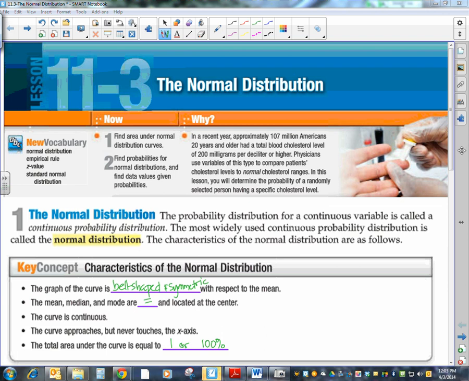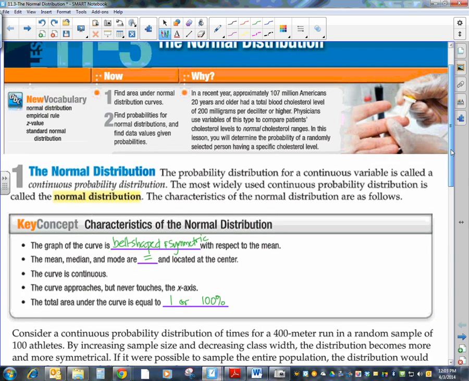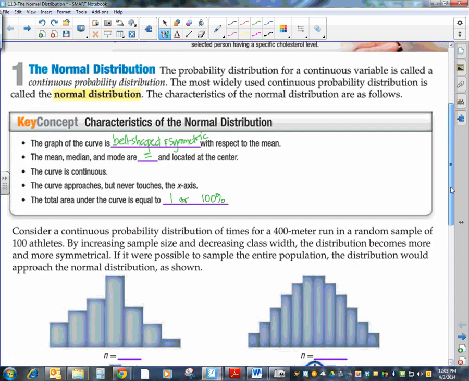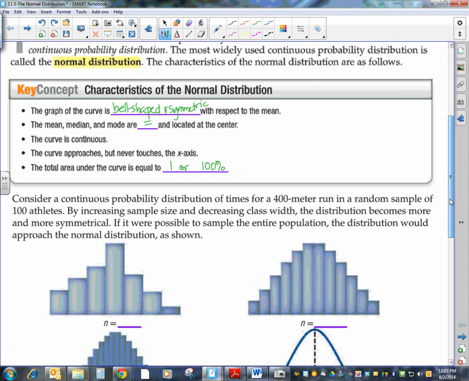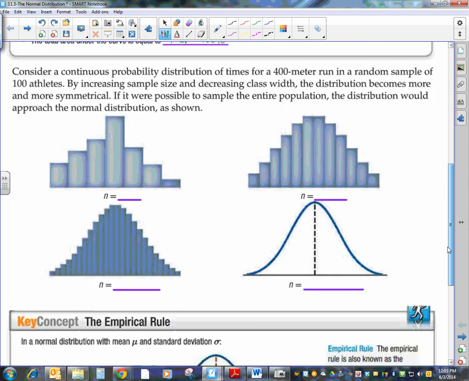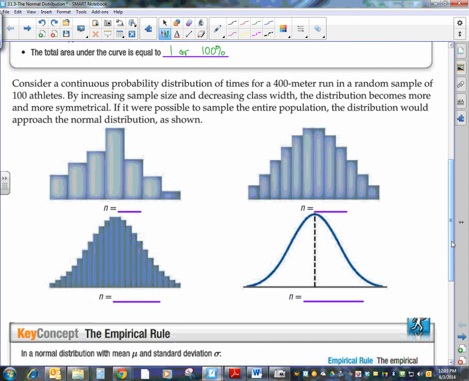But one thing to keep in mind, if you think about a continuous probability distribution for a 400-meter run, okay? I have some pictures here just to kind of help you understand it a little bit better. But this first one, if I sampled 100 athletes and I created a histogram, it might look something like this.